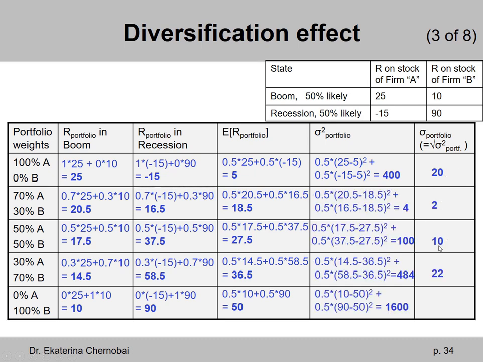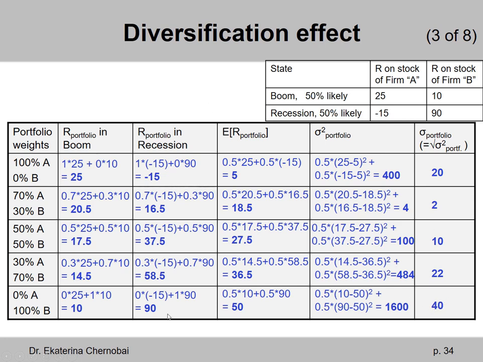For all other portfolios of A and B, we get different numbers. So for the portfolio number 2, 70% A, 30% B, the variance of the portfolio is 4 and the standard deviation is 2. 50-50 A and B, the variance is 100, the standard deviation is 10. 30% A, 70% B, the variance is 484, the standard deviation is 22. 0% A, 100% B, the variance is 1600 and the standard deviation is 40.